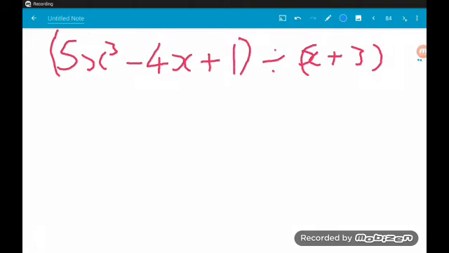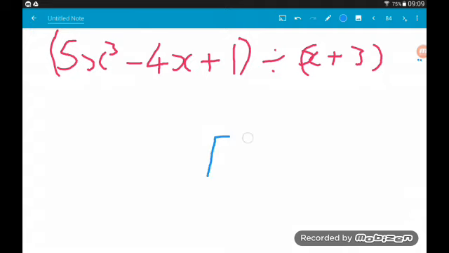Okay, last example then for this video. It must be getting quite long. So 5x cubed minus 4x plus 1 divided by x plus 3. We'll notice here with the cubic there's no x squared term. I still like to think of it as there being an x squared term, it's just 0x squared.